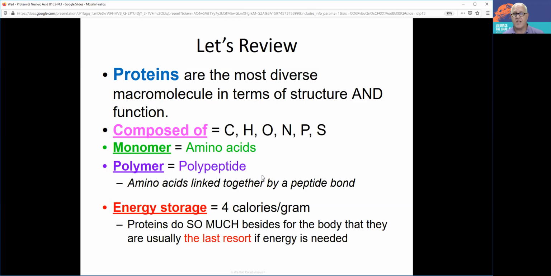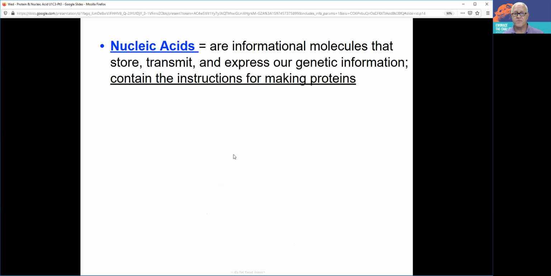Proteins have 4 calories per gram of energy storage. And because the proteins do so much in your body, they're usually one of the last resorts that the body goes to for energy if it's needed. But we do need to eat proteins to run our body for fuel and to make more proteins.